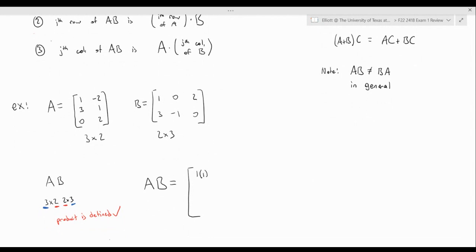Then the first row of A times the second column of B gets us the next entry: 1 times 0 plus -2 times -1, so 0 plus 2.